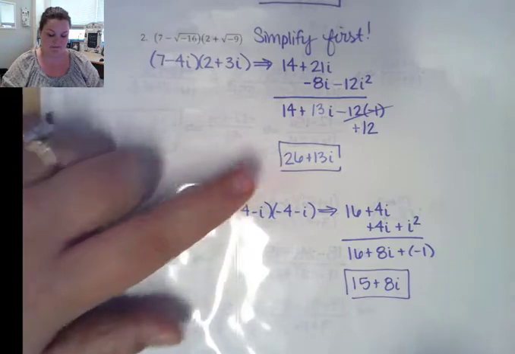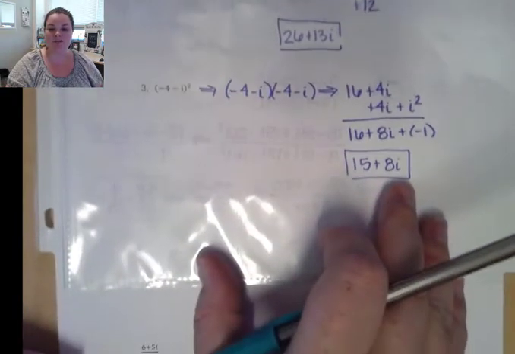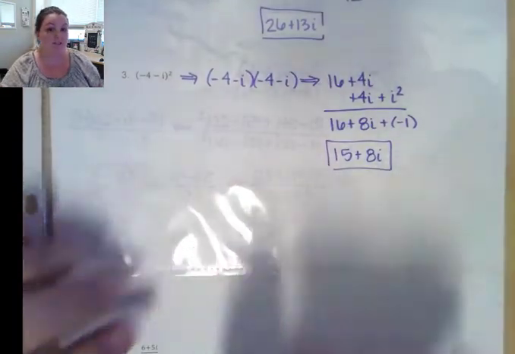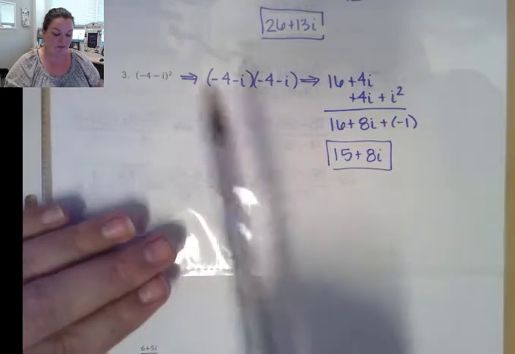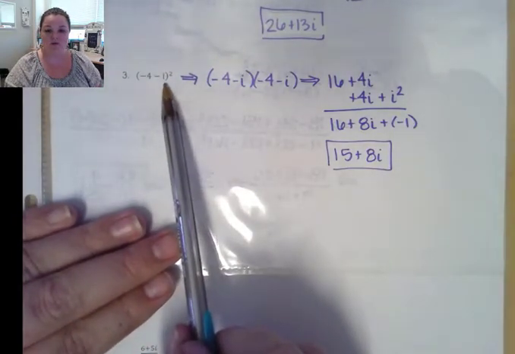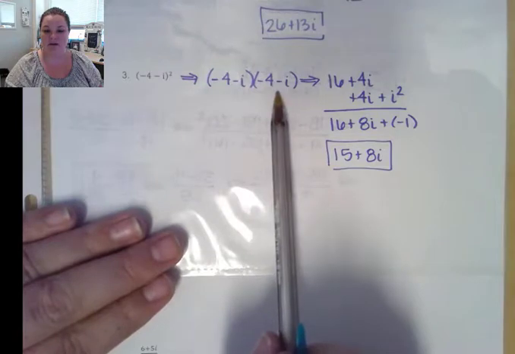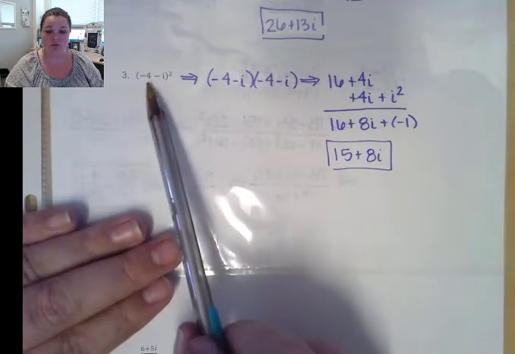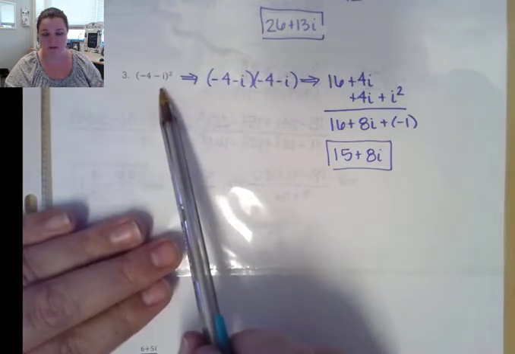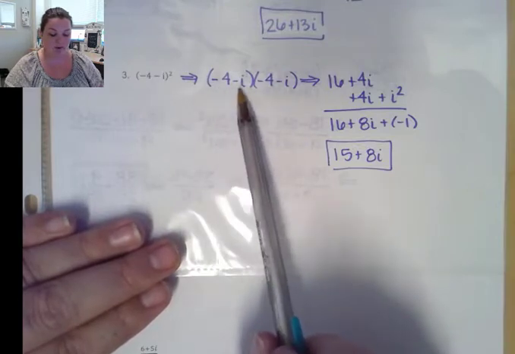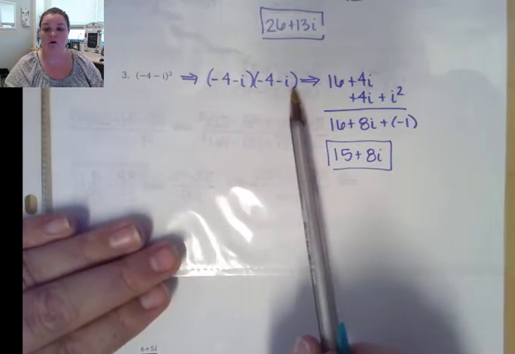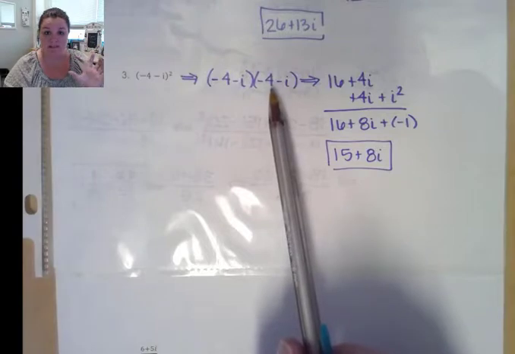Okay. All right. And then the last one I threw at you just to see if we remember. When we have a squared quantity, that means we do the quantity times itself. So don't just square the 4 and square the i. That's not going to give you the right answer. We have to write this out as -4 minus i, -4 minus i, because we have two copies of the exact same quantity.